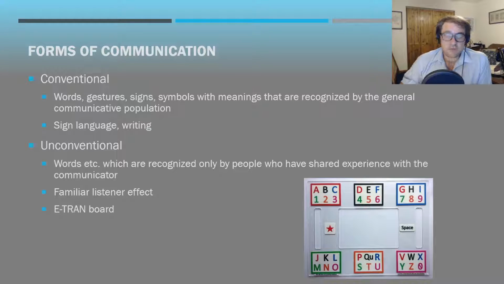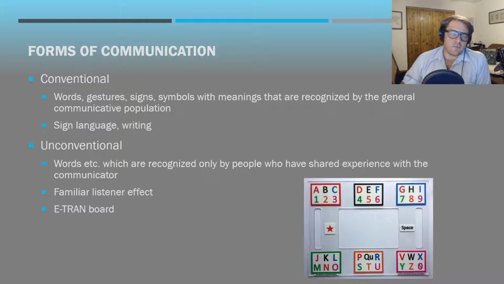That's just a number I pulled out of the top of my head, by the way. I'm not sure if that's accurate. So obviously that's not true. Both of those are conventional forms of communication. With the right communicative group, you can communicate just fine.